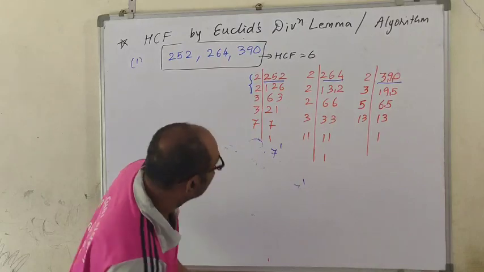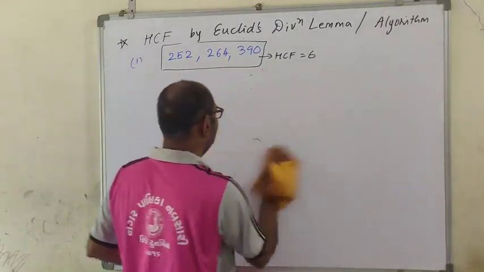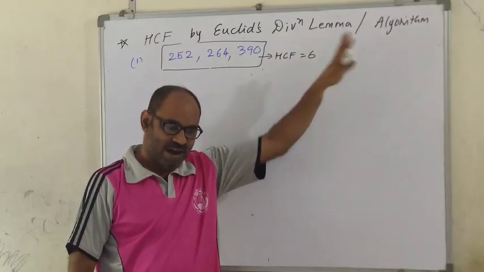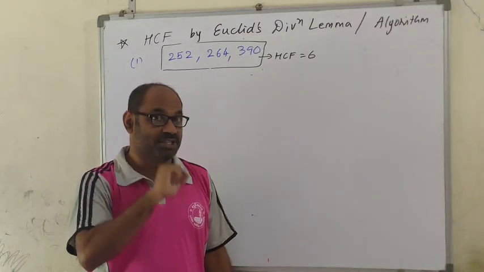Fine. The HCF of these three numbers we already know. It's 6. We found it by the prime factorisation method. Correct? Now we are going to use Euclid's division lemma.